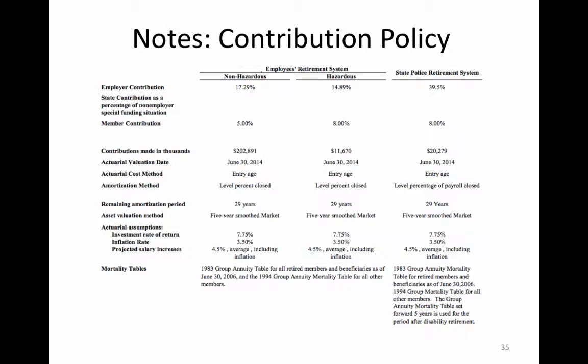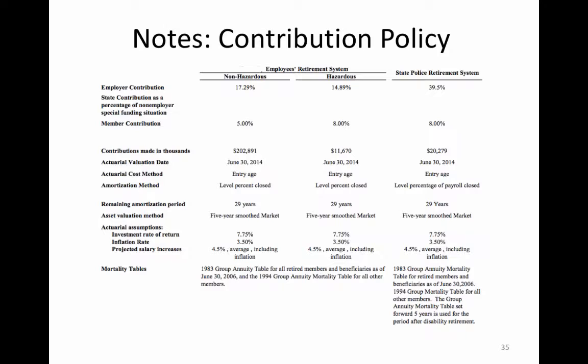Every government should disclose what its contribution policy is. It's not always going to look this detailed, particularly if they are in a cost-sharing plan where their contributions are probably based upon either a state law or based on a contract with the plan. But if they have actuarially based contributions, then you will see a little bit more information.